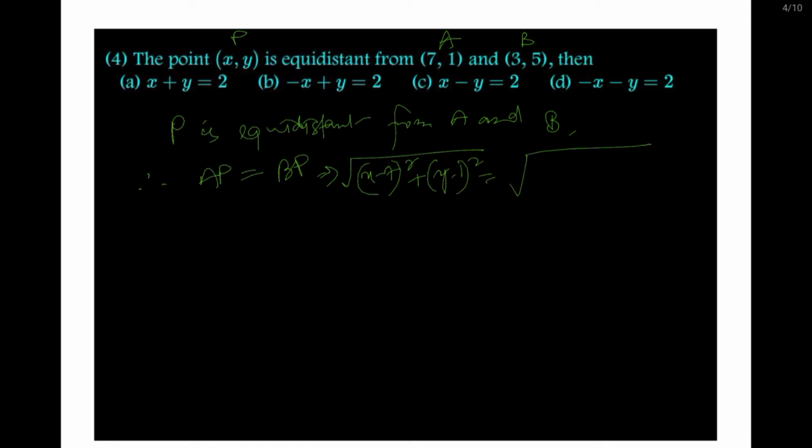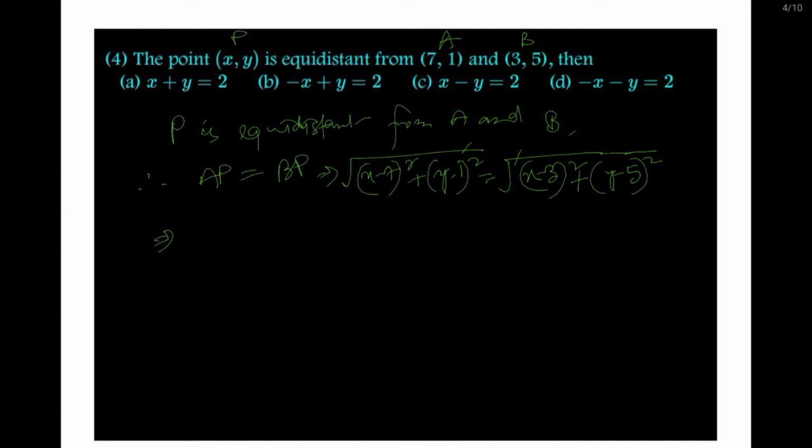So let's find the distance BP. It will be the square root of (x minus 3) whole square plus (y minus 5) whole square. Squaring both sides, the square root will get removed.